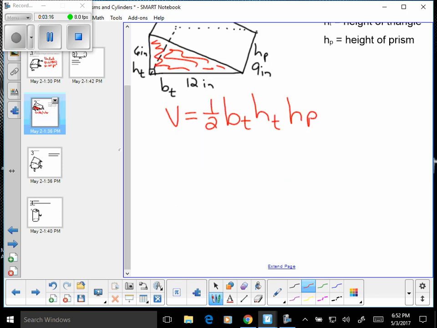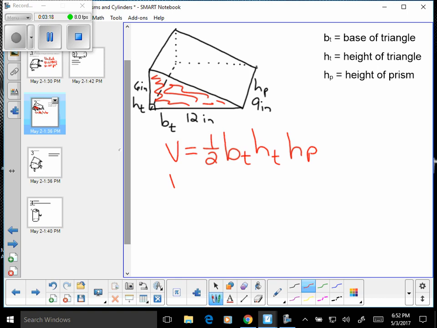So in this case, we are going to take 1/2 times, here's our B sub T, that's 12. Then we have the height of the triangle, which is 6. But then we have to use the height of the whole prism, which is 9. And they sometimes will show this sitting on the triangle, but sometimes they won't.